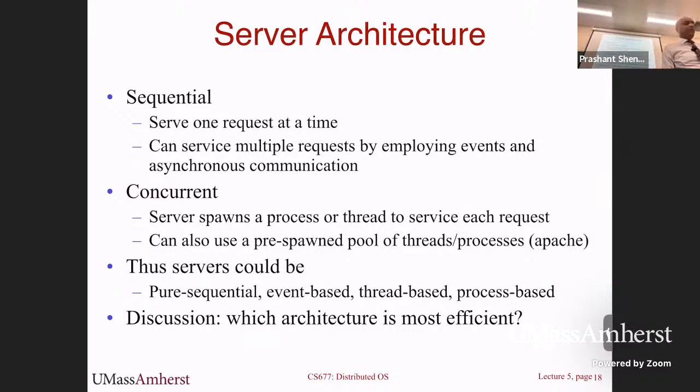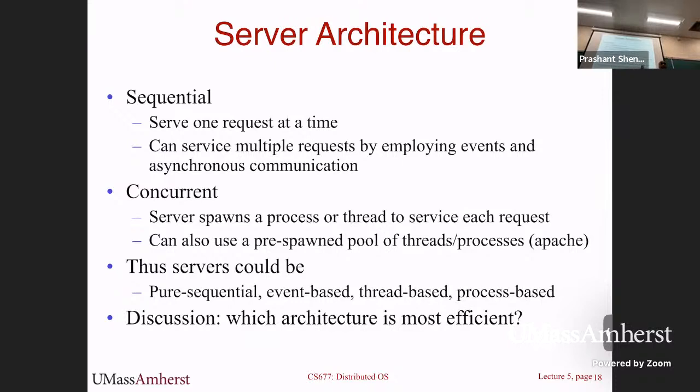So you can ask which one is more efficient or which one will get you better performance. It should be clear that sequential should give you the least performance of the others because it has no concurrency whatsoever. The other three at least have concurrency in them. I already said process-based has heavier context switching than thread-based.